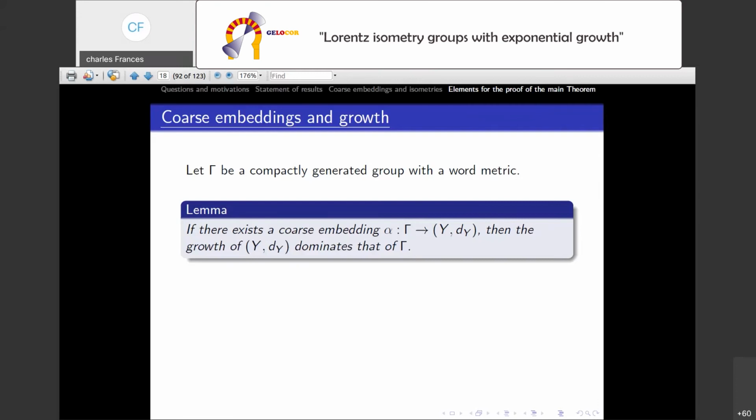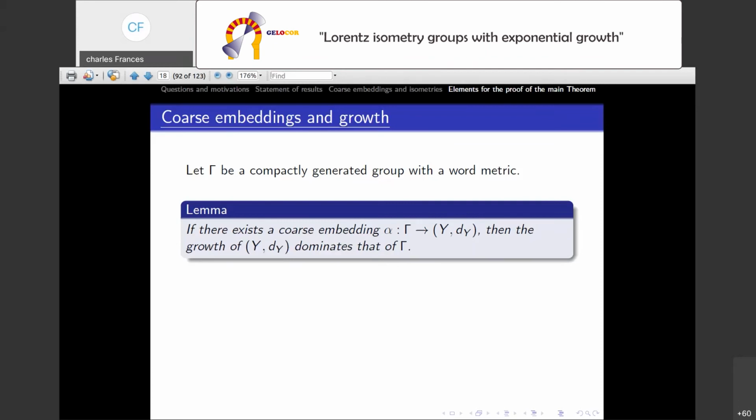And because alpha is coarse, if you have a pair of points in gamma sufficiently far away, let's say at distance at least 10, then the images are at distance at least, let's say, 1. So you start with a ball of radius r in gamma, and you take a 10-net inside it. It means that you can find in this ball about exponential in r points at mutual distance at least 10.